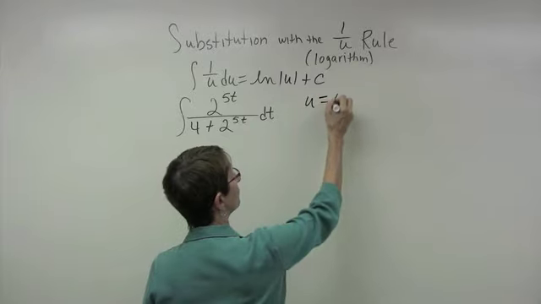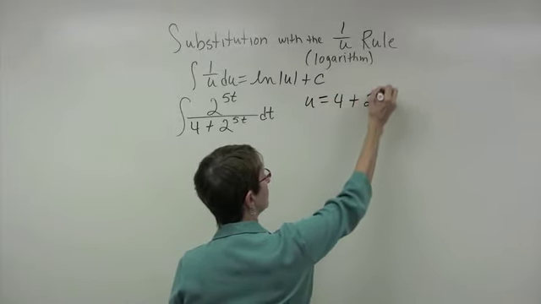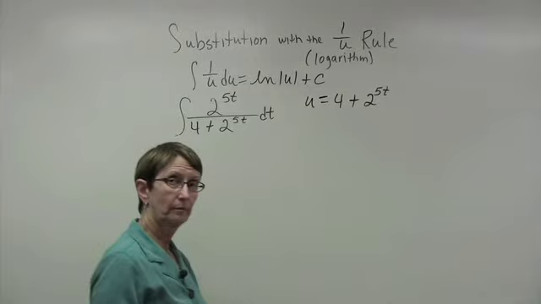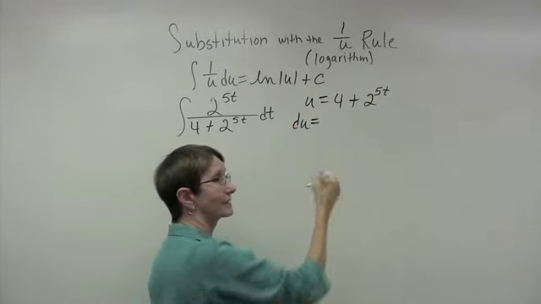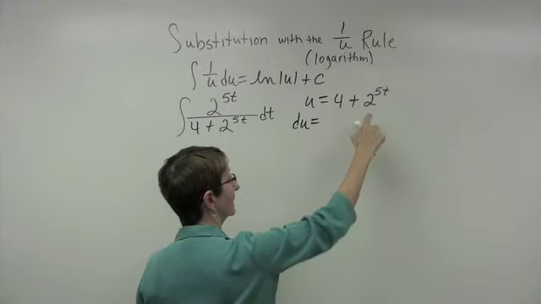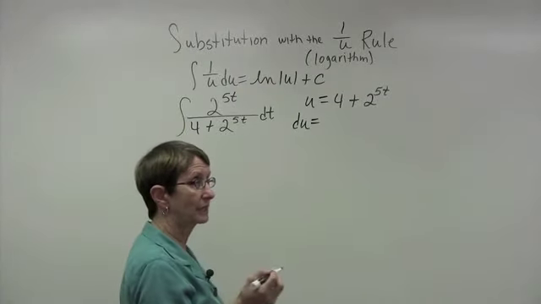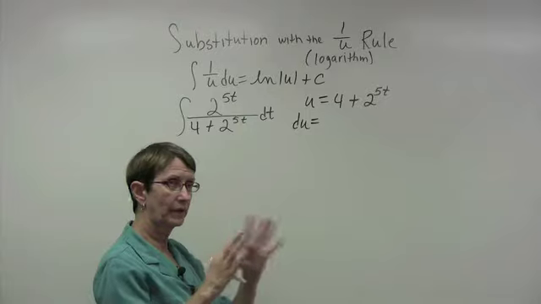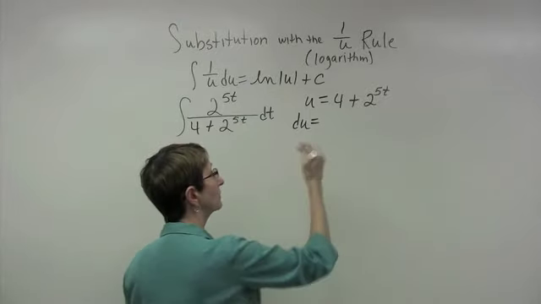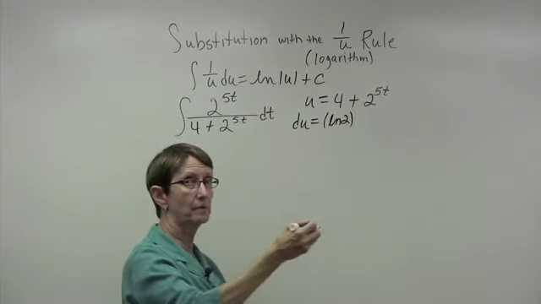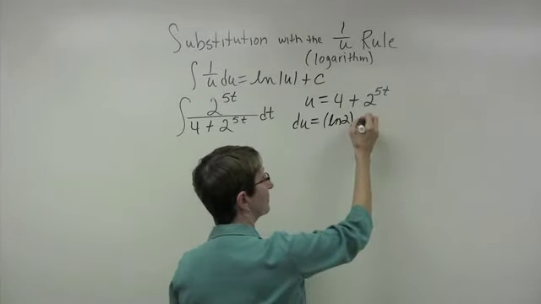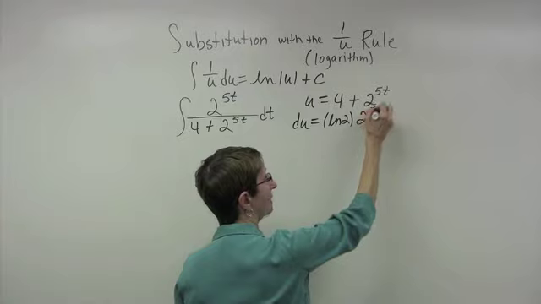So u is equal to 4 plus 2 to the 5t power, and we need the derivative to get du. The derivative of 4 is 0, plus the derivative of 2 to the 5t. That's the derivative formula that gives us ln of 2 to begin with, the natural log of the base, times the function that you started with, 2 to the 5t.